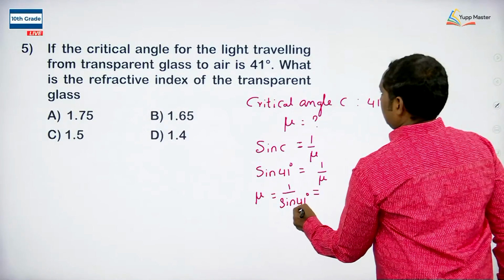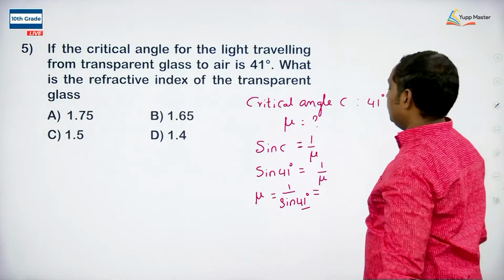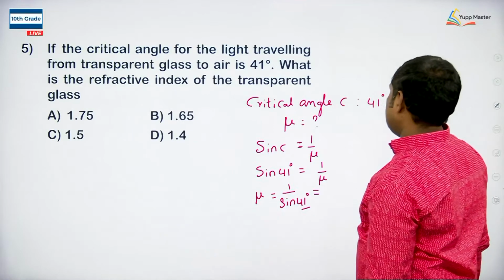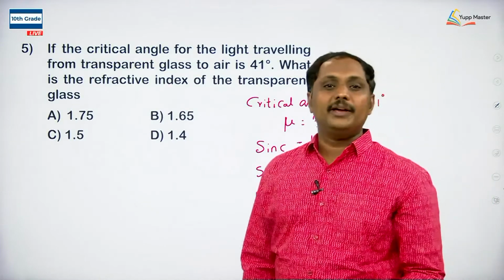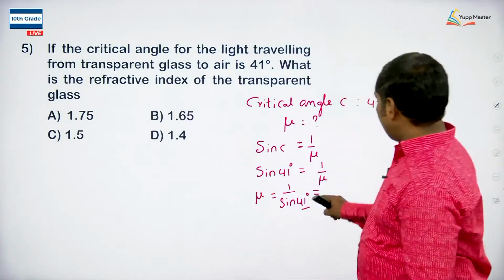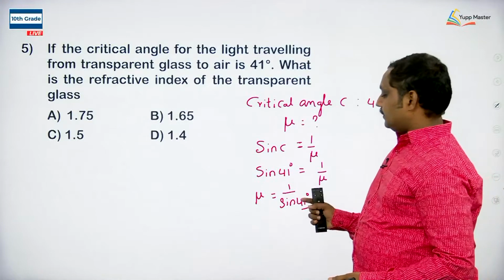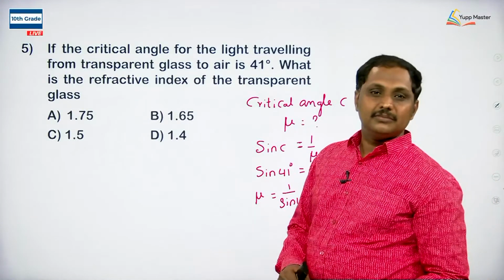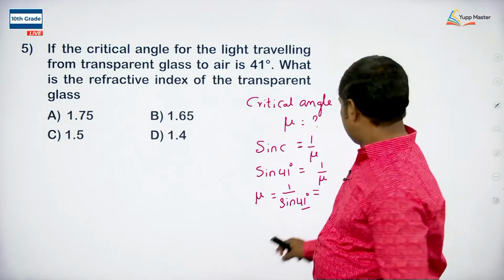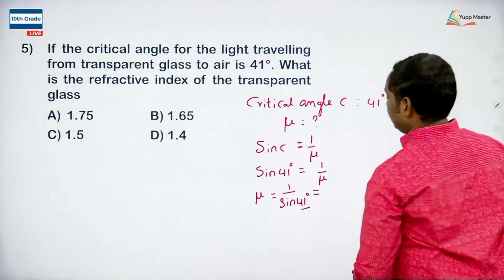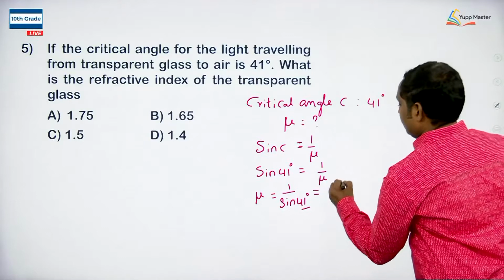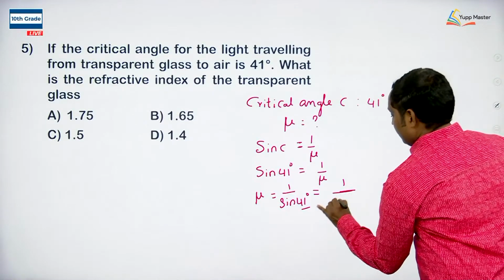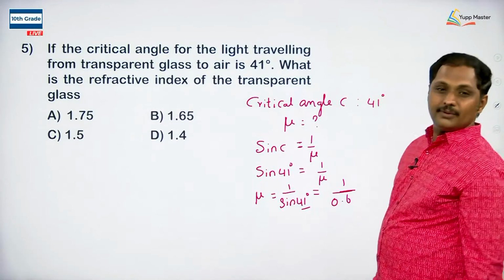You will find out that sin 30 value is 0.5, around 0.5. So, if you are going to take more than 0.5, suppose it is going to get some value like 0.6, that is 1 by 0.6, let us assume.